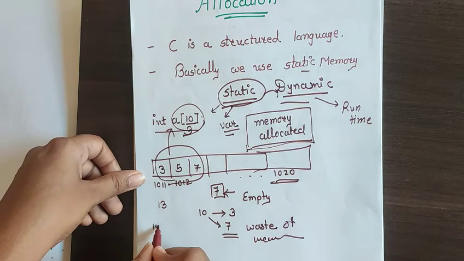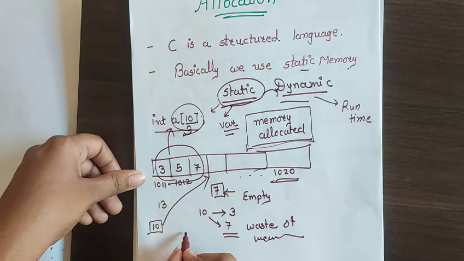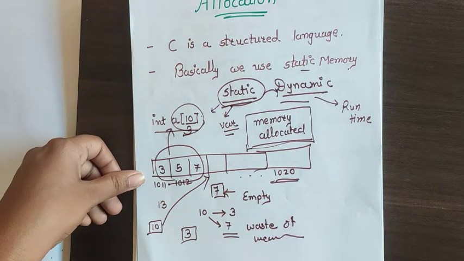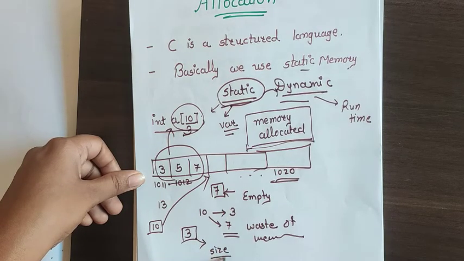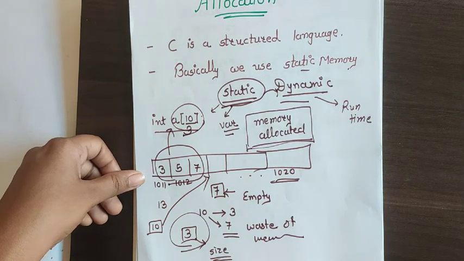So 10 data is already stored in this array. Now what about the rest 3? For that again I need to change the size of the array, because I cannot store this in the same array, right? There is an overflow, so for this overflow I need to again resize my array, right?